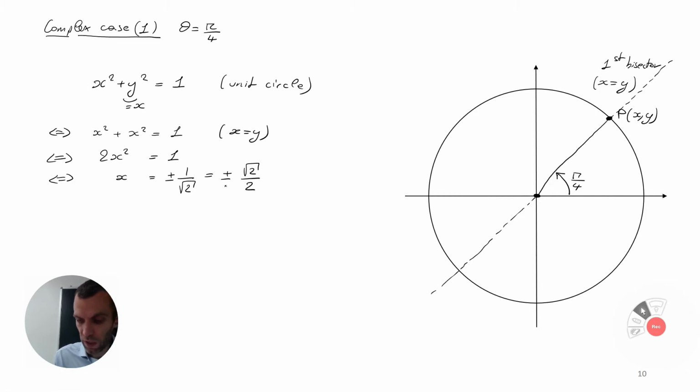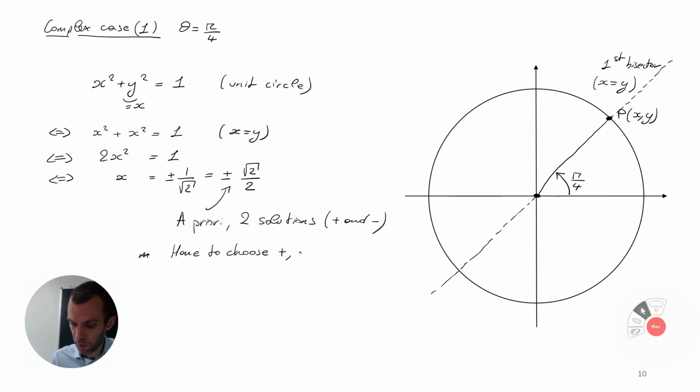So here we see a priori we have 2 solutions, the positive and the negative one, but we have to choose the positive one because we know that our point P right here is in the first quadrant.